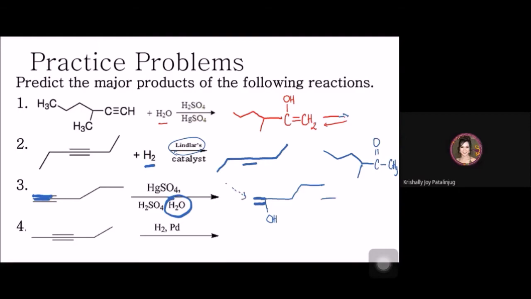Then the final product producing a ketone will look like this.